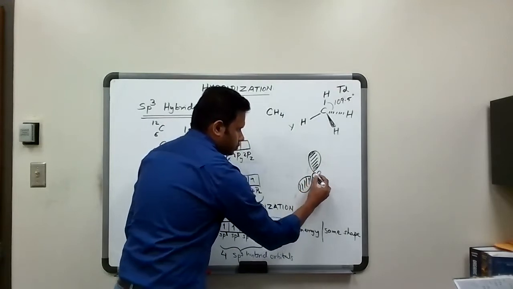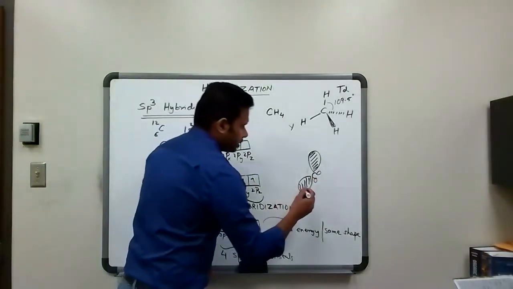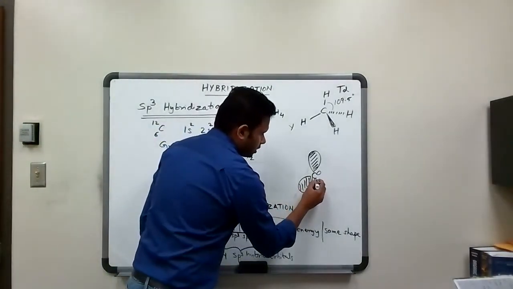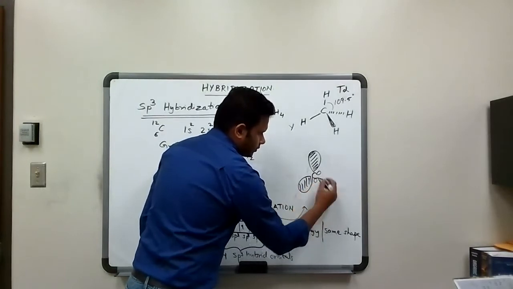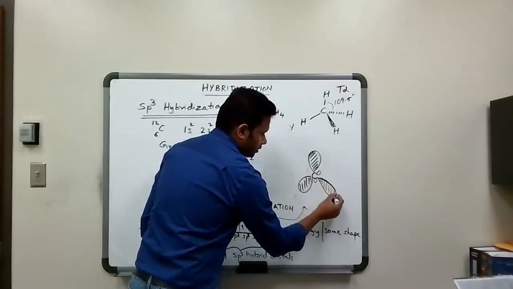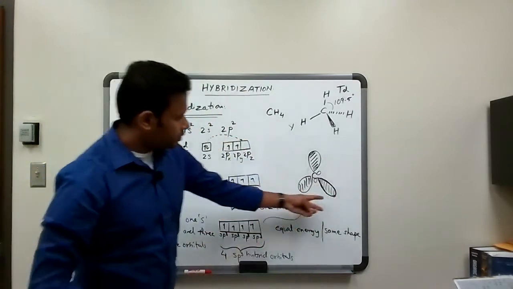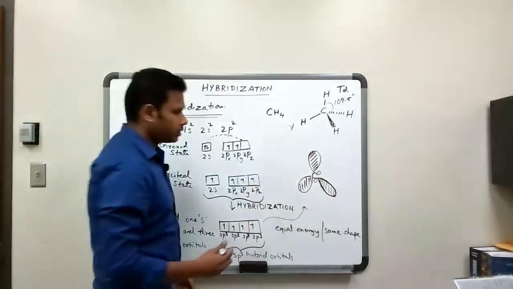Now, when I draw it, they're probably not going to look the same shape and everything, but they are. And I'm going to make this sort of bold to say that this is an orbital that's coming out. So this is what becomes that wedge bond.